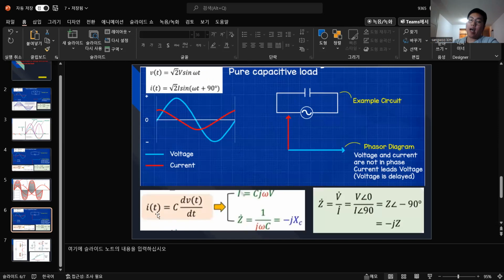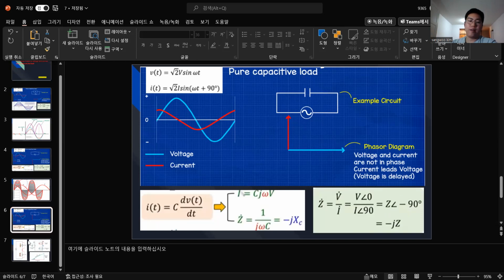But this time I is leading, right? Current is leading, voltage is lagging. So I is 90 degrees more leading than voltage. This is what we explained in the complex plane.